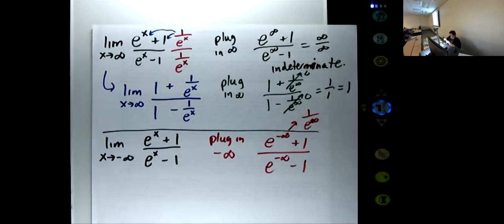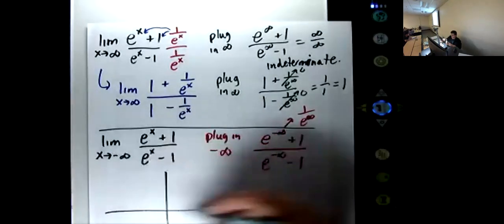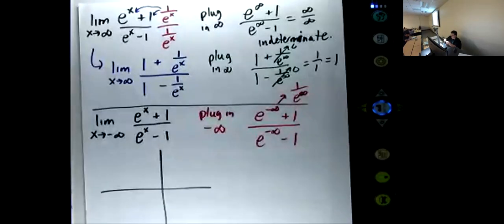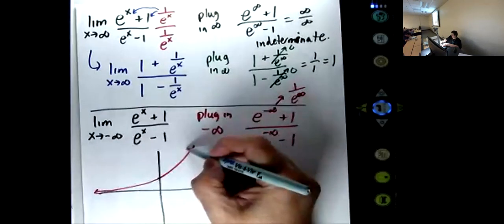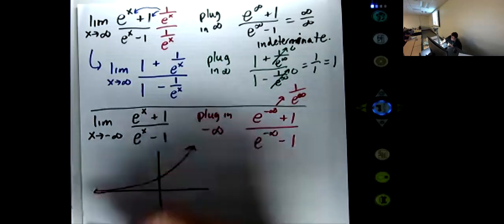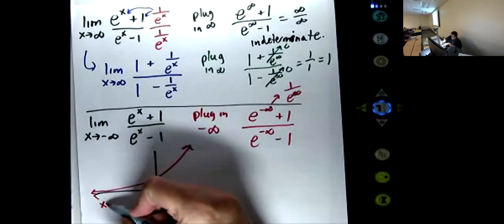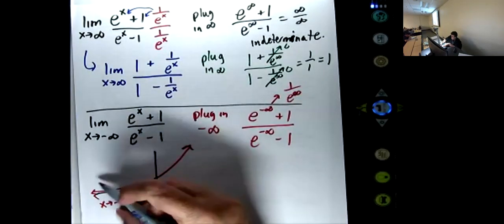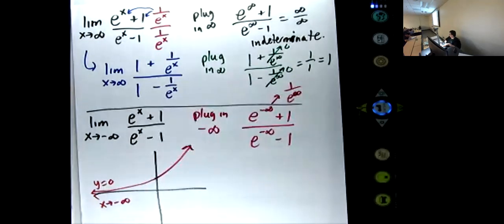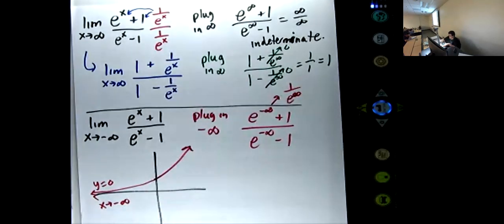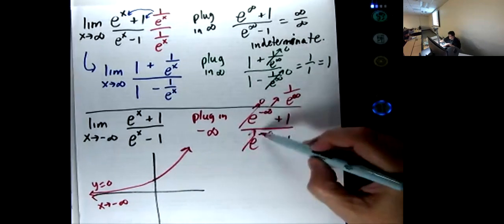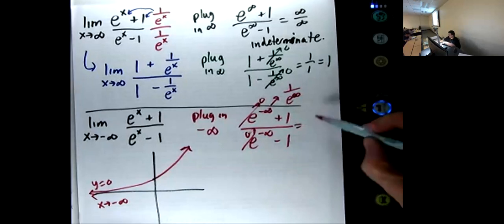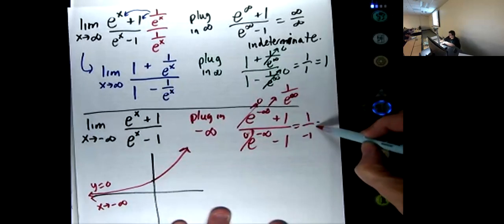The other way of knowing it goes to 0 is looking at the graph of e to the x. e to the x goes like this, like all of our exponentials did. So as x goes to negative infinity, y goes to 0. It's an asymptotic line. So that goes to 0, and that goes to 0, and we're left with 1 over negative 1, which is just negative 1.